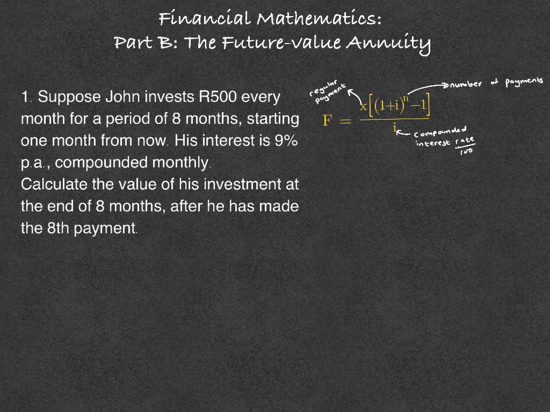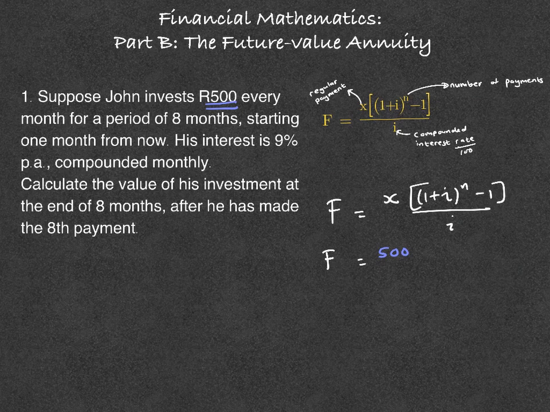So future value is equal to the regular payments times (1 plus i) to the power of n, minus 1, over i. And now it's just substitution. So the first part, if you don't know, that's what you want to work out: X, what is the regular payment he's making per month? It is 500 Rand per month. So that's that regular payment value.